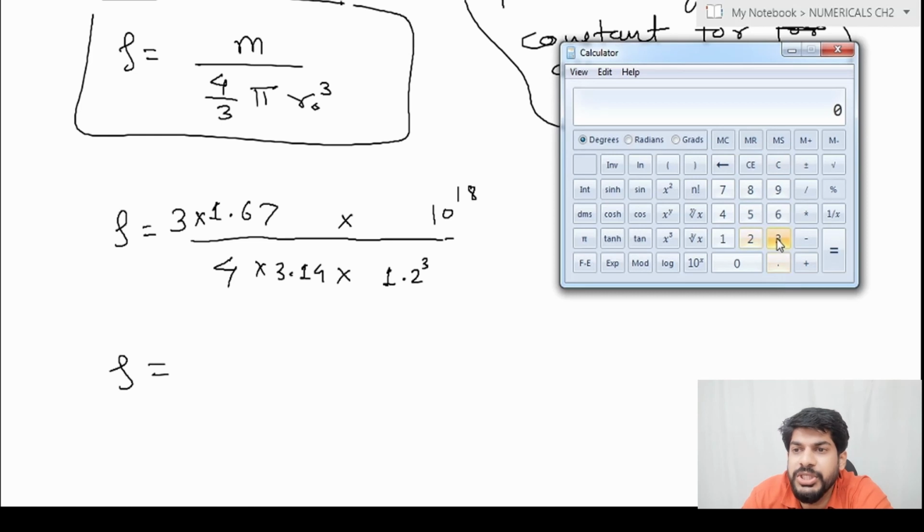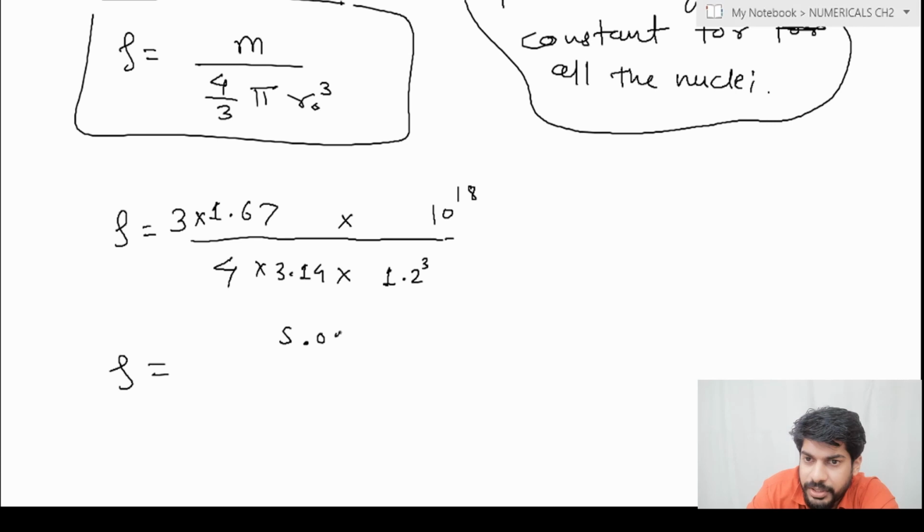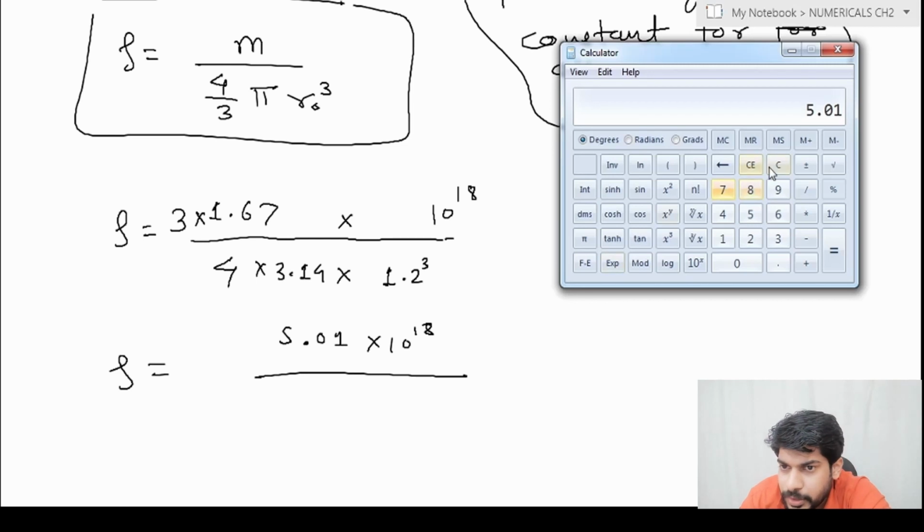So it is 3 times 1.67, equal to 5.01, right? So I will write here 5.01 into 10 raised to 18, all divided by this. Let's multiply this. First of all, 1.2 cube, into 3.14 into 4, equal to what?